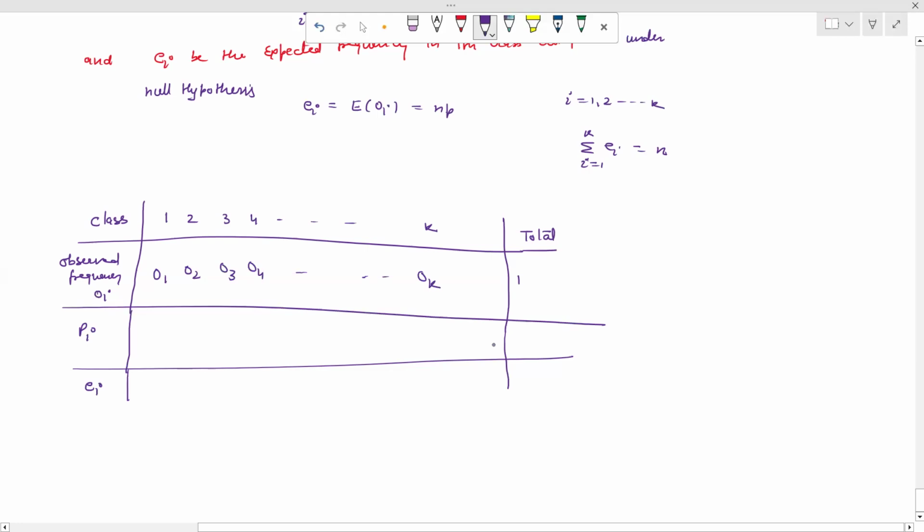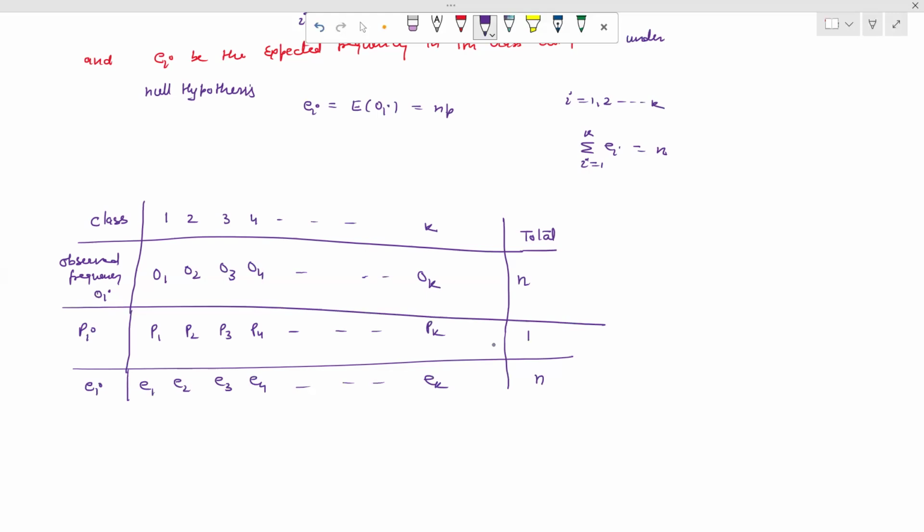The sum is also equal to n. The probabilities we denote as P1, P2, P3, P4, and Pk, the sum of all probabilities is equal to 1. Here we have E1, E2, E3, E4, and Ek. The sum is also equal to n.